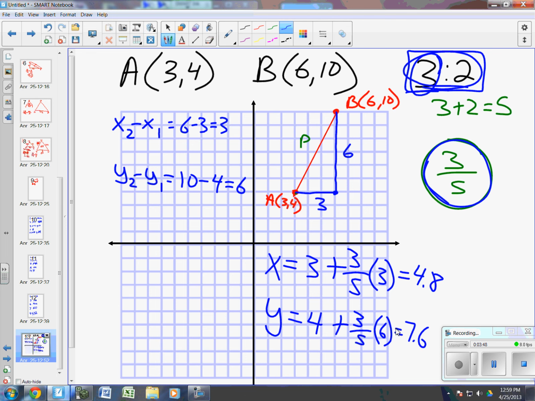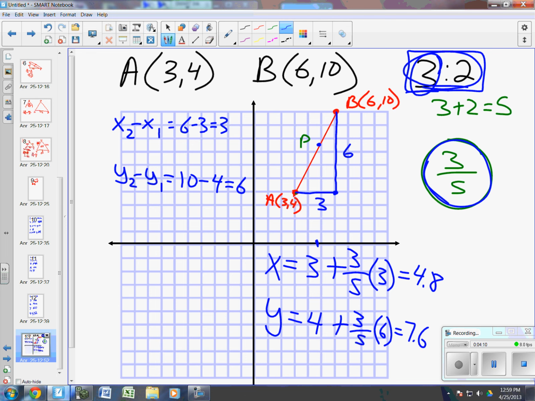Okay, so look, I'm going to go to 4.8. 1, 2, 3, 4.8 is about right there. And up 7.6. 1, 2, 3, 4, 5, 6, 7.6. About right there. My line's a little bit low, so if I raise it up a little bit, that'd be right there.